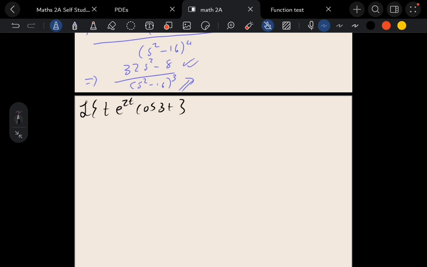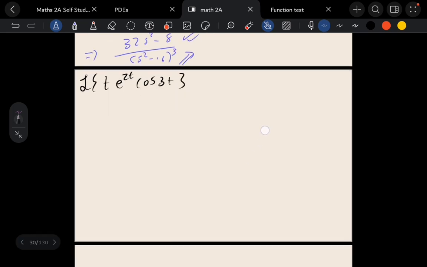I'm obsessed with this one. So the aim is to know that we need to know this formula.